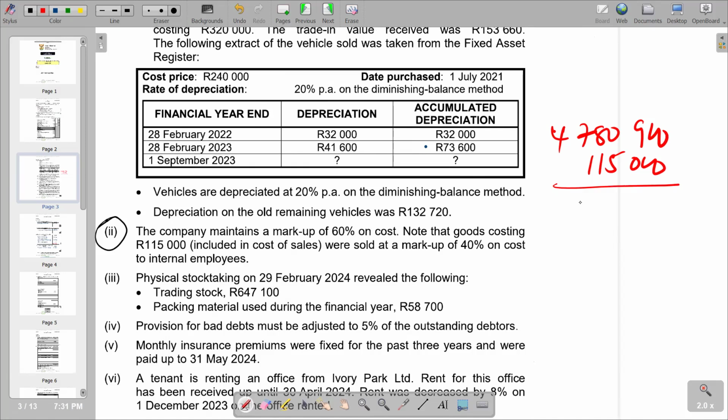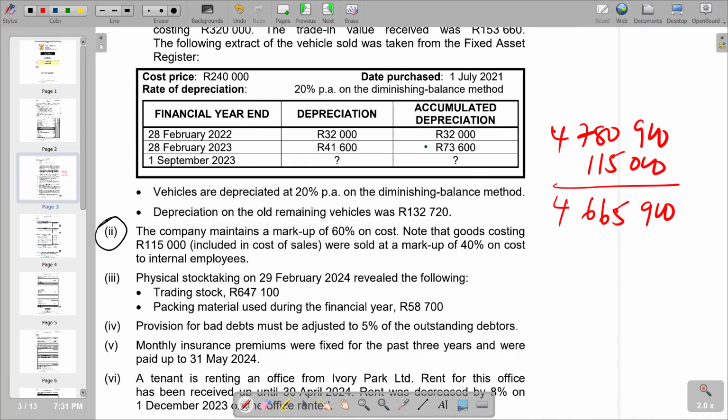So we calculate them like that, see what do we get. If you calculate like that, you see that the answer you're going to get is 4,665,900. So with that, we now have two groups of cost of sales, which we can now convert to our sales so that we get a figure for sales.